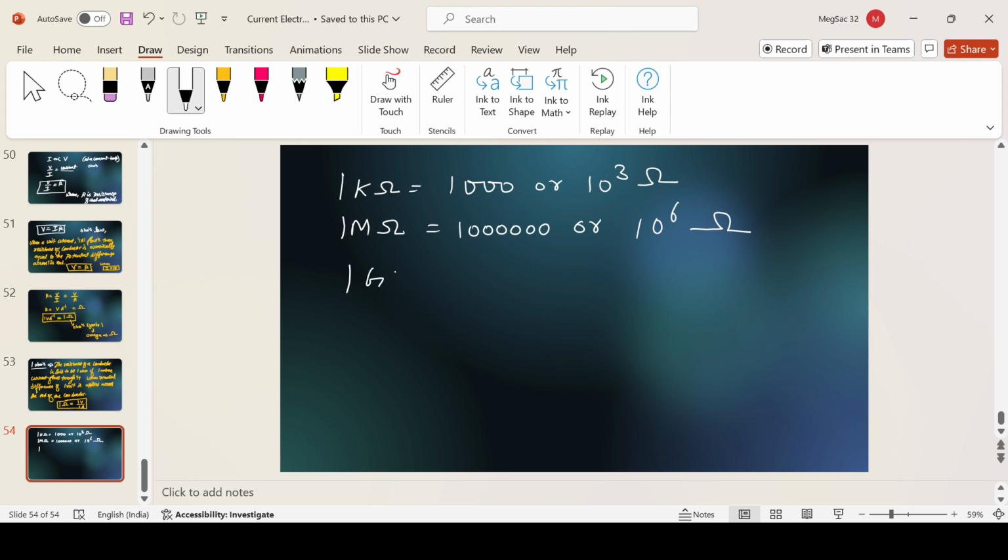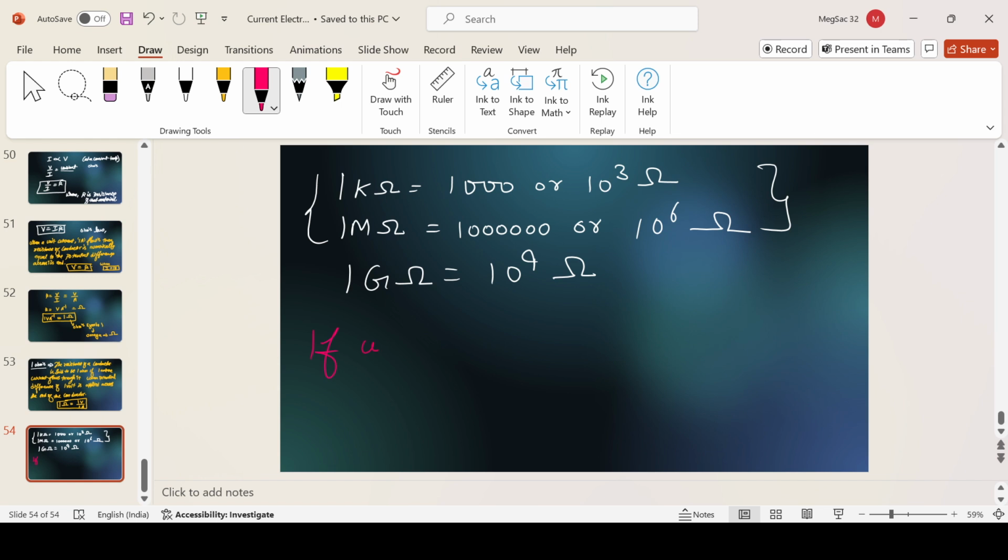Similarly we have 1 giga ohm, which is very large and we don't generally use it. It is 10 to the power 9 ohms. Mostly you have to use this one only. Clear? Any doubt till now? No, sir.